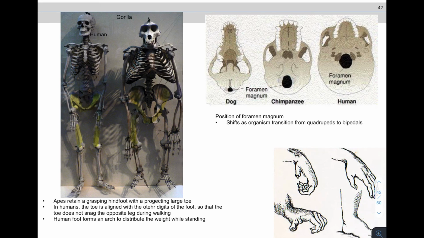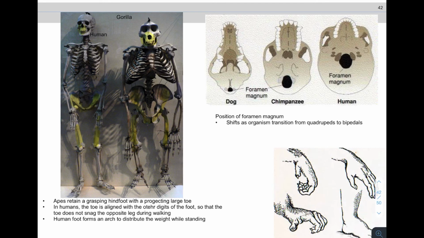They're kind of bowed out and not as efficient for walking on two legs in the gorilla. When we look at the skull, what we notice is that the nose and the mouth protrude significantly in these cousins of ours, and in humans, we see that it's much flatter.